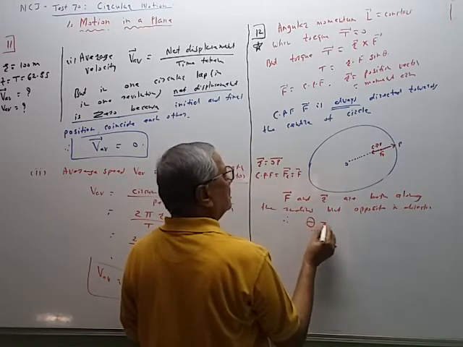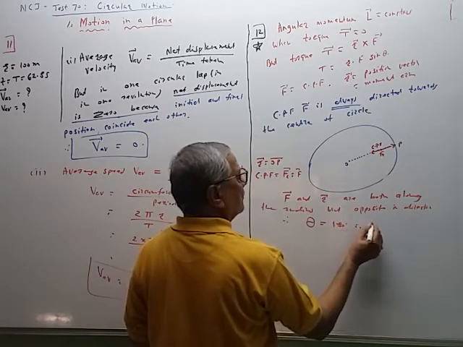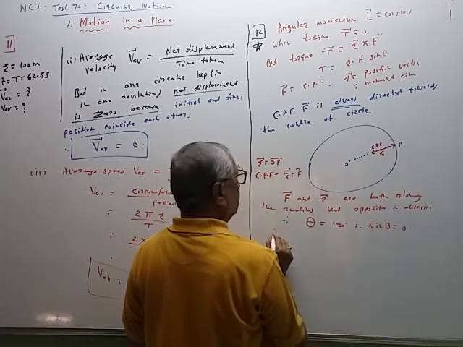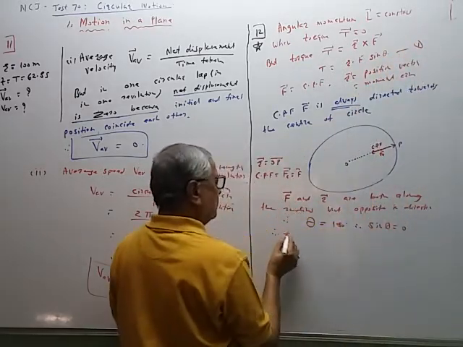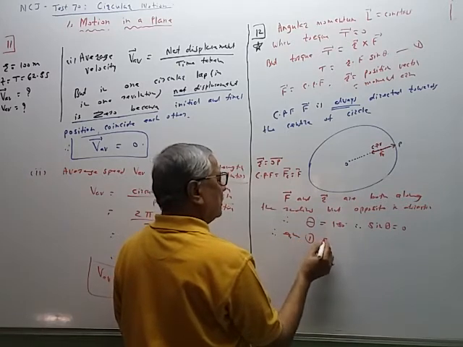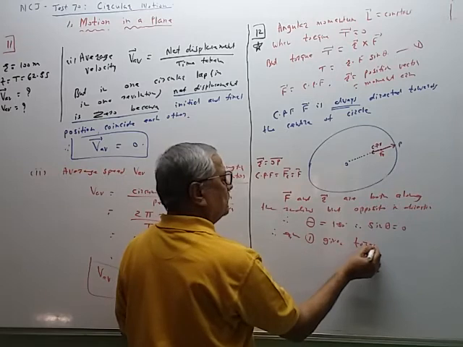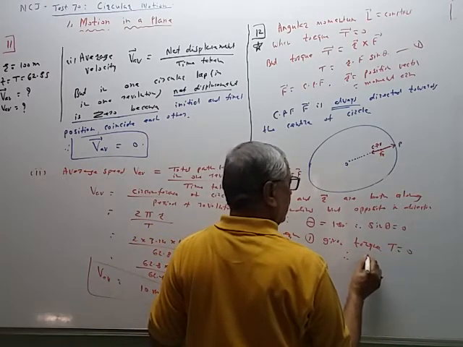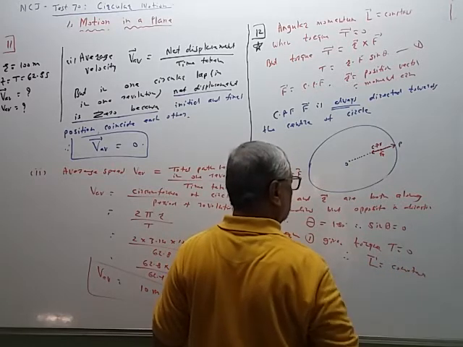Therefore, theta is equal to 180 degree. Therefore, sin of theta is equal to 0. This is equation 1. Equation 1 gives torque T is equal to 0. Therefore, L is equal to constant.